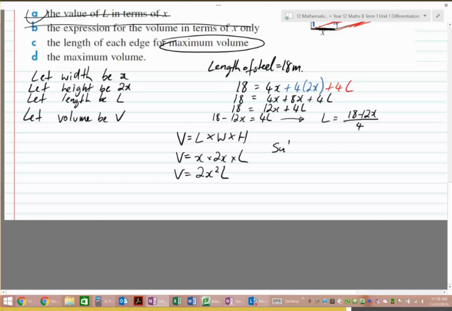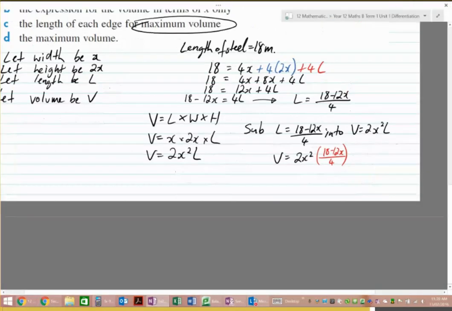So I'm going to sub L equals 18 minus 12x on 4 into V equals 2x squared L, and see what happens. So V equals 2x squared times 18 minus 12x on 4. Okay, that's my function done.